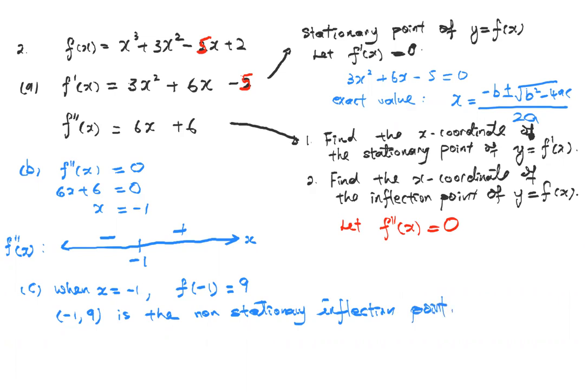Okay, now, is the inflection point stationary or non-stationary? So part D is non-stationary because f prime(-1), can someone give me the value of f prime(-1)? -8 is not 0.